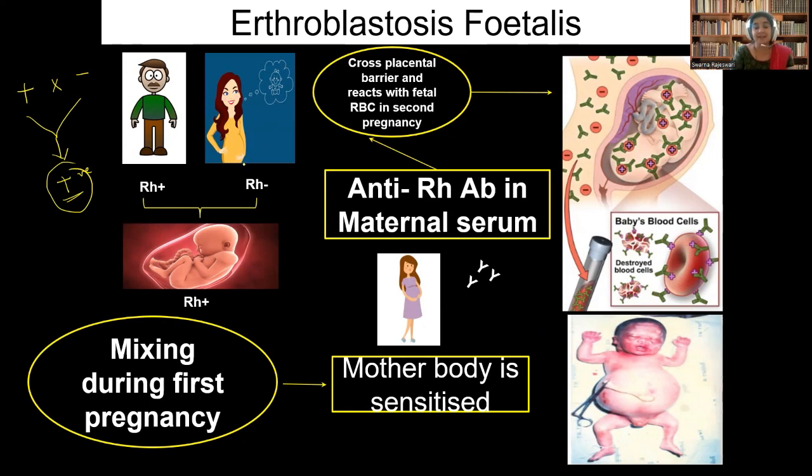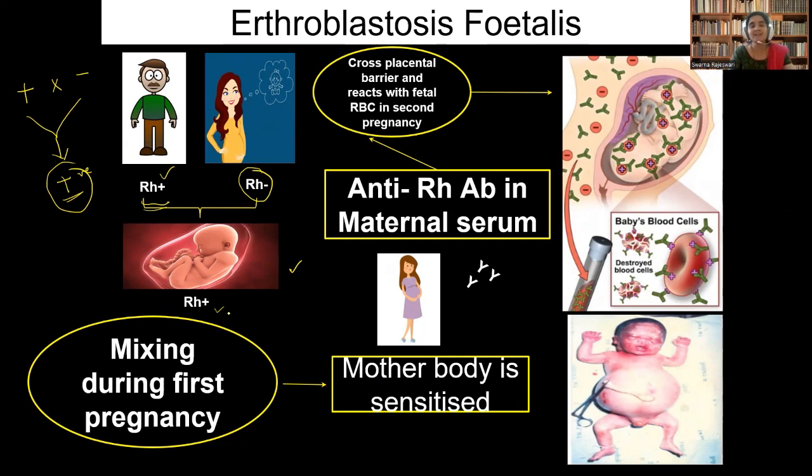So how does it occur? It occurs when an Rh negative mother is married to an Rh positive father. When the mother is Rh negative and the father is Rh positive, what about the baby? In nature, we know that the dominant thing will be favored. It is also a chance, a probability.